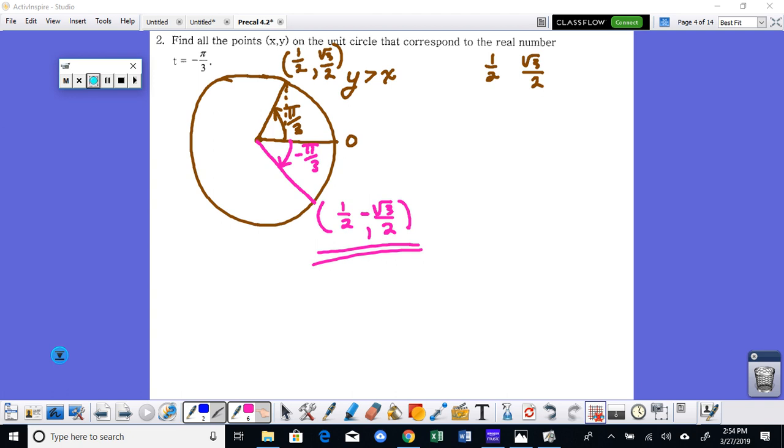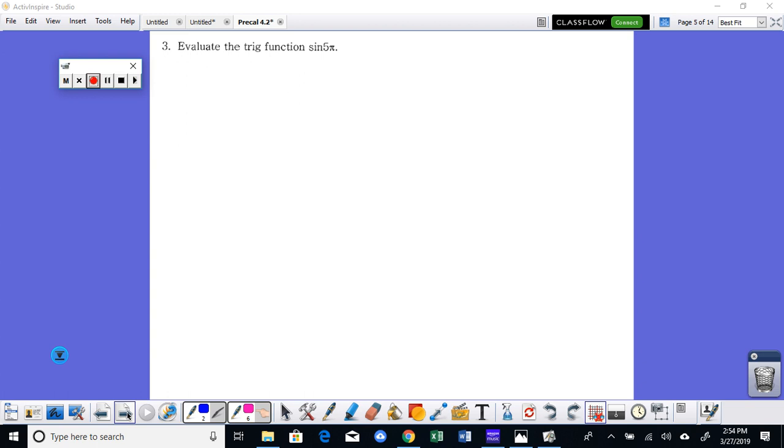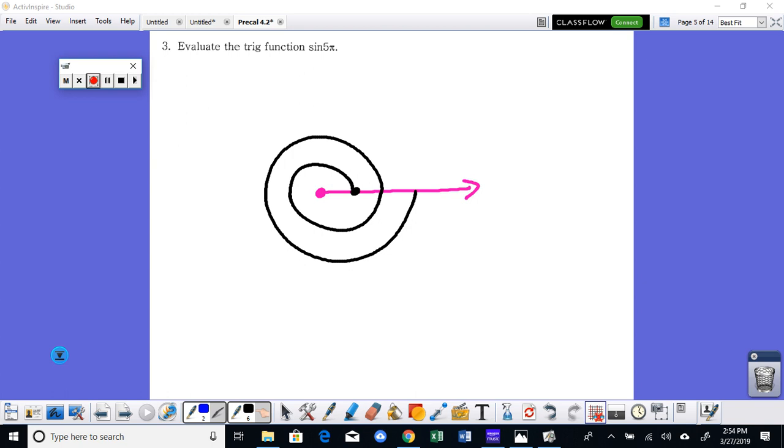Okay? Let's do 3. Evaluate the trig function, the sine of 5 pi. Let's draw the angle. Start on the initial side. 1 pi, 2 pi, 3 pi, 4 pi, 5 pi.